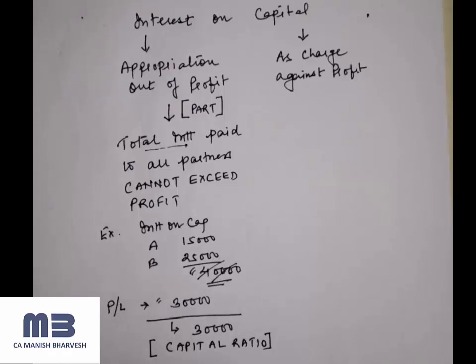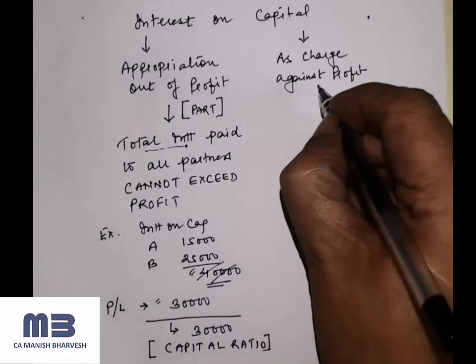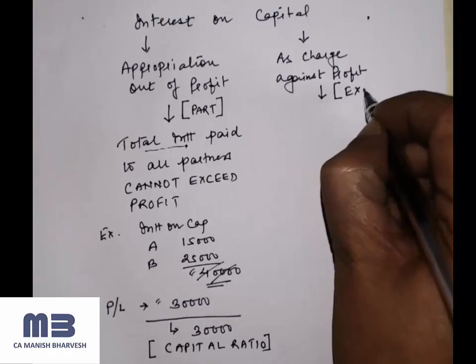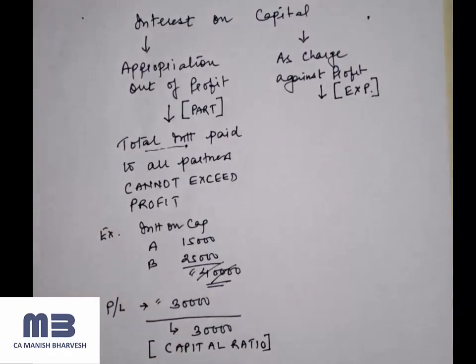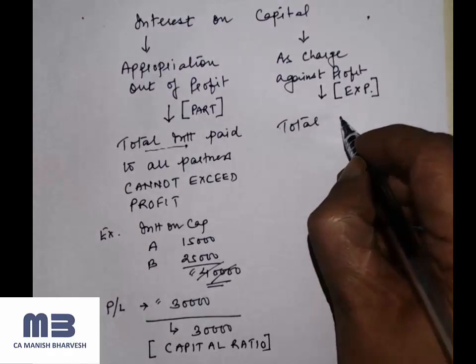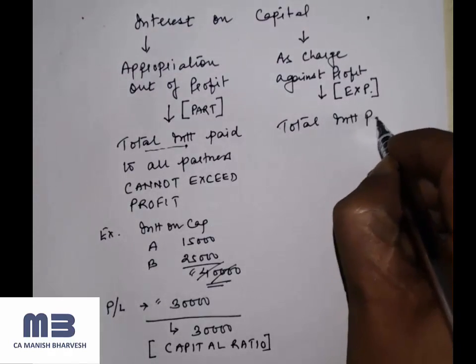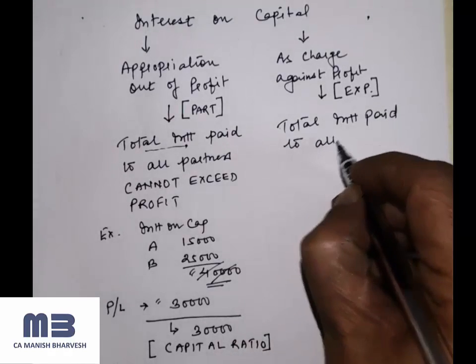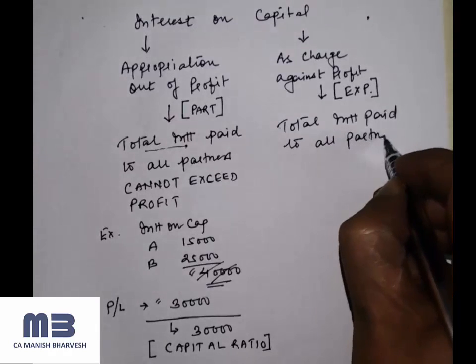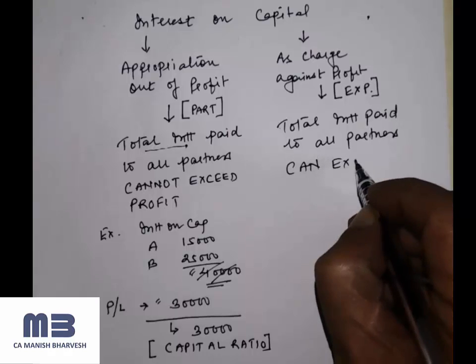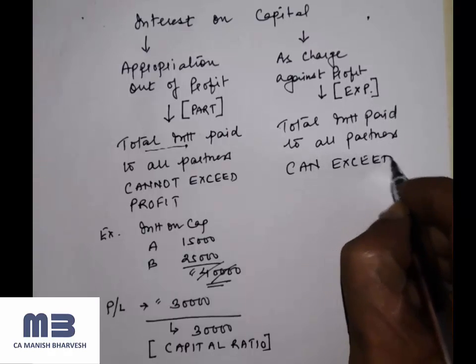And if interest on capital is treated as a charge against profit, it means we always consider it as an expense. Here, total interest paid to all partners can exceed profit.